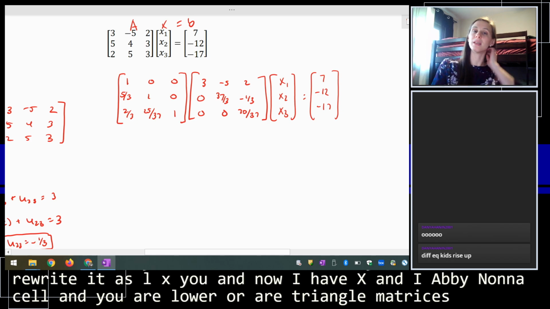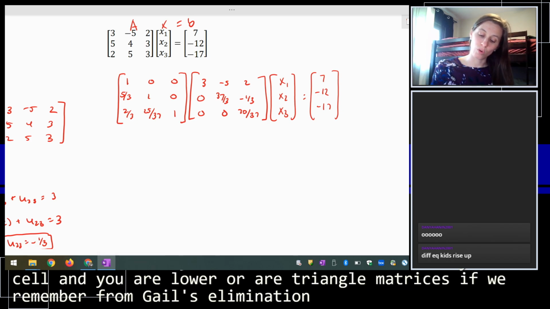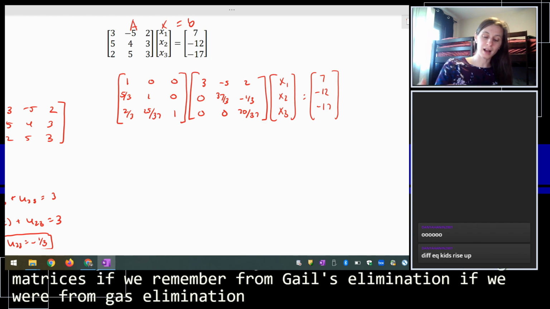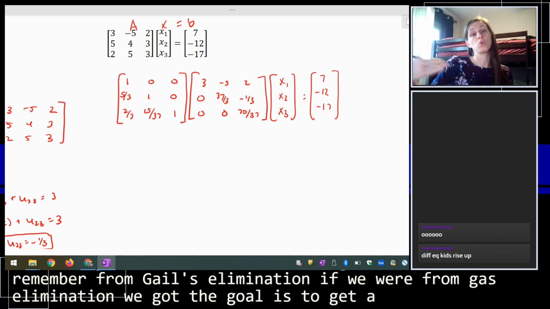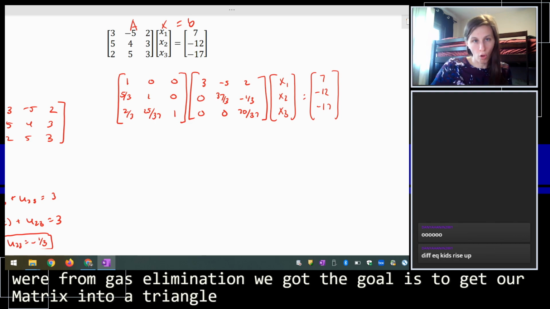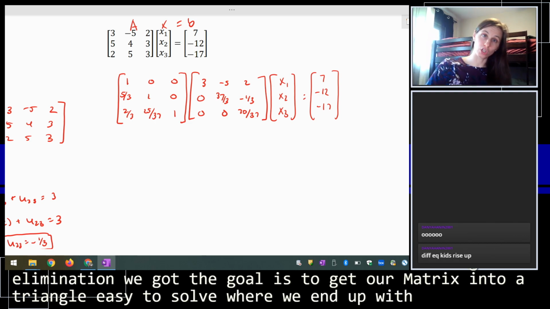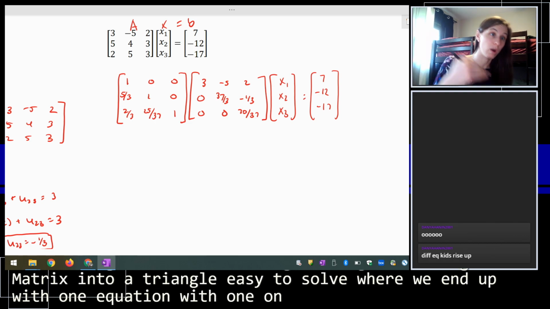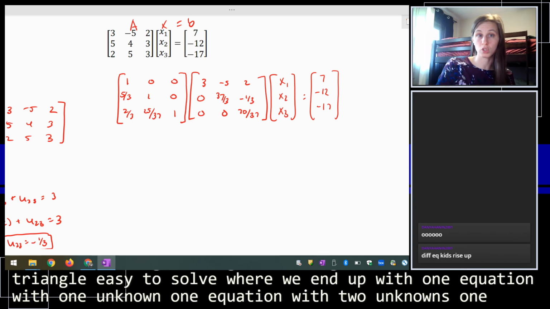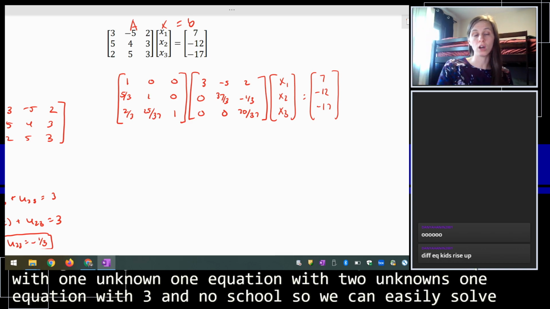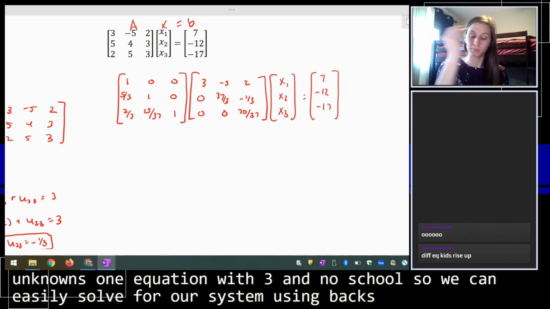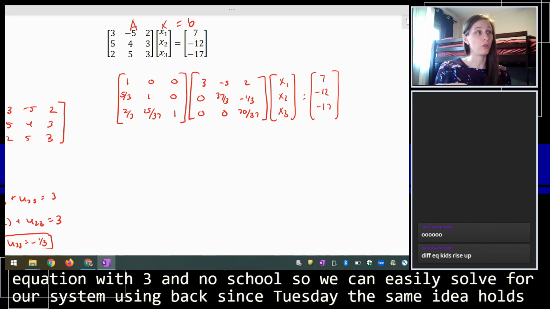If we remember from Gauss elimination, the goal is to get our matrix into a triangle form so that it's easy to solve, where we end up with one equation with one unknown, one equation with two unknowns, one equation with three unknowns. So we can easily solve for our system using back substitution. The same idea holds true for LU factorization.